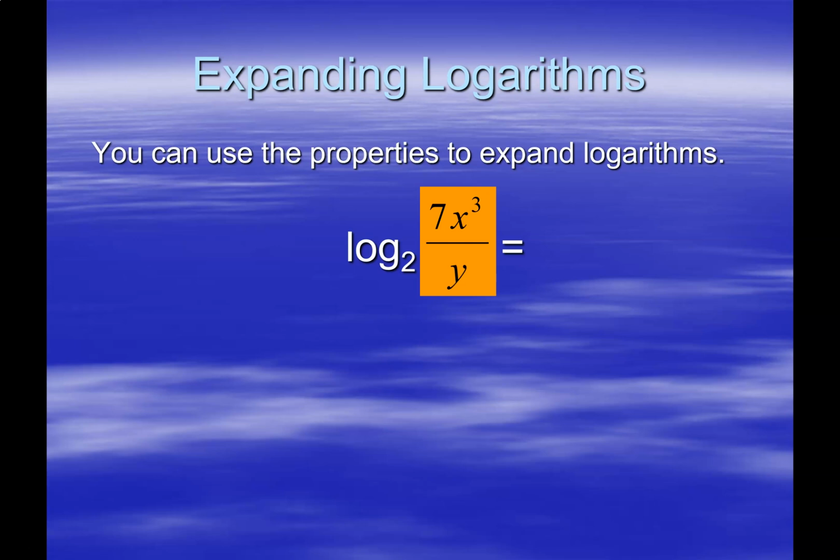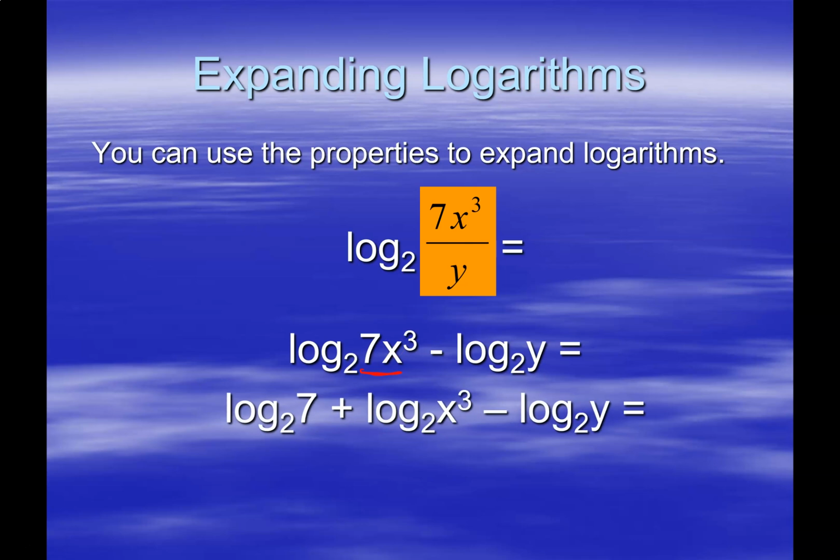All right. So right now I'm going to deal with the division part, with the quotient. And remember, when we're dealing with division, I should see a subtraction sign. All right. Now I'm going to deal with the product or the multiplication. So in between those two, I should see addition.